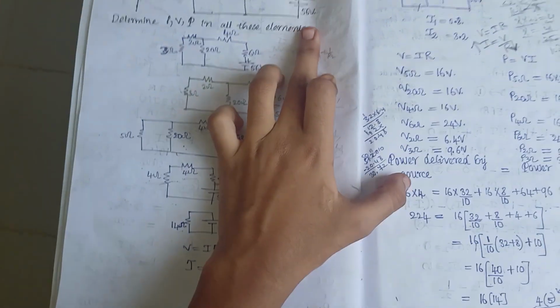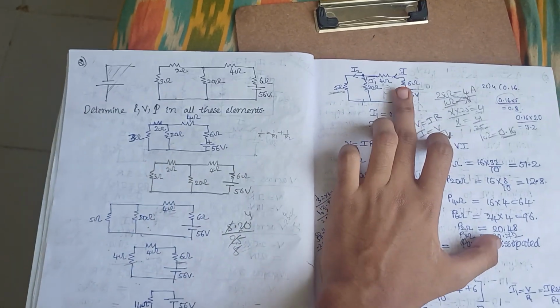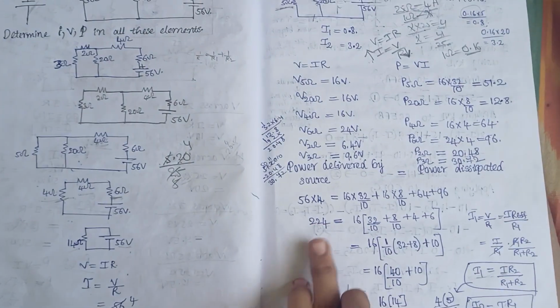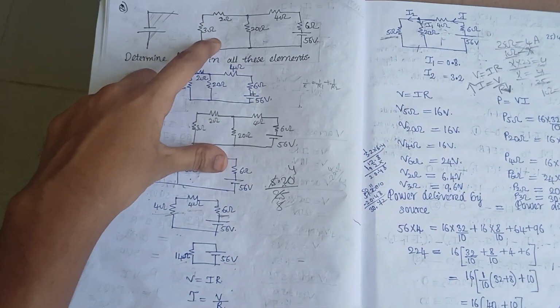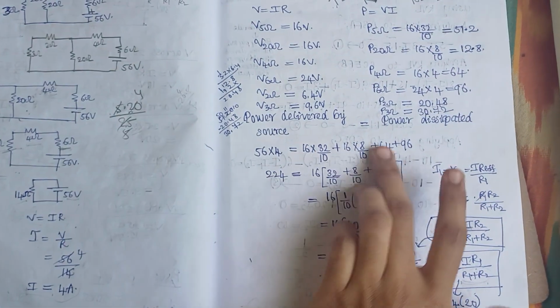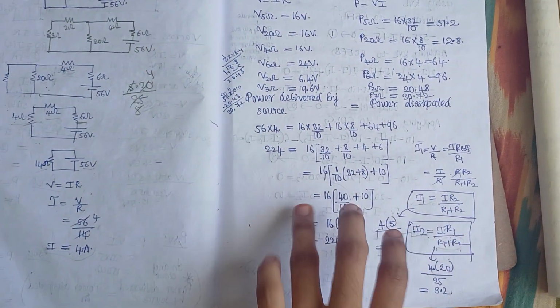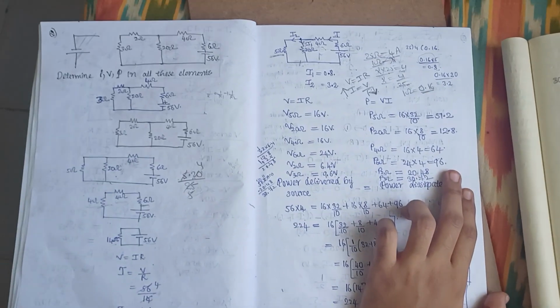Now your source here is 56 volt, and across this 56 volt the current I is flowing. Since your I is 4, 56 into 4 is the power delivered by the source, equal to the power dissipated, that is the power across 3 ohm, 2 ohm, 20 ohm, 4 ohm and 6 ohm. The sum of all this power dissipated should equal the power delivered. Only in such a case is your answer correct. Okay, in such a way you will verify.